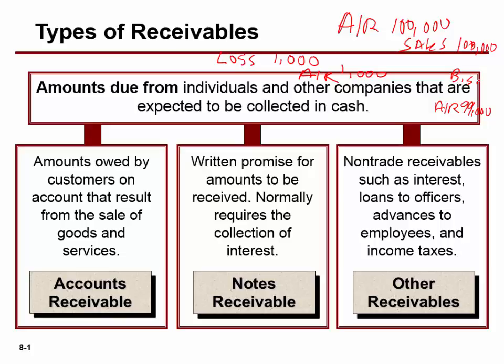And my income statement is going to show sales of 100,000, and then you said you wanted to take a loss, and a loss is going to be a subtract. It's like an expense, but we call it a loss here.